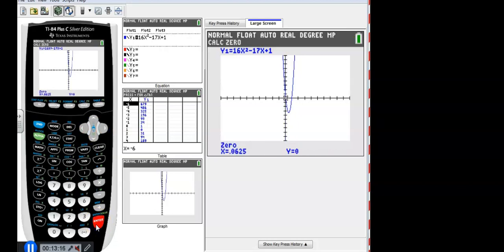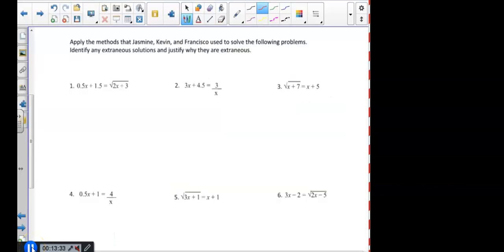So checking that first one, we see that one solution for that parabola is 0.0625. But recall, anytime you're given a radical equation, you must plug in both of your x values to check your answer. So let's try a few examples where we're asked to solve and apply the methods that Jasmine, Kevin, and Francisco used to solve these problems.